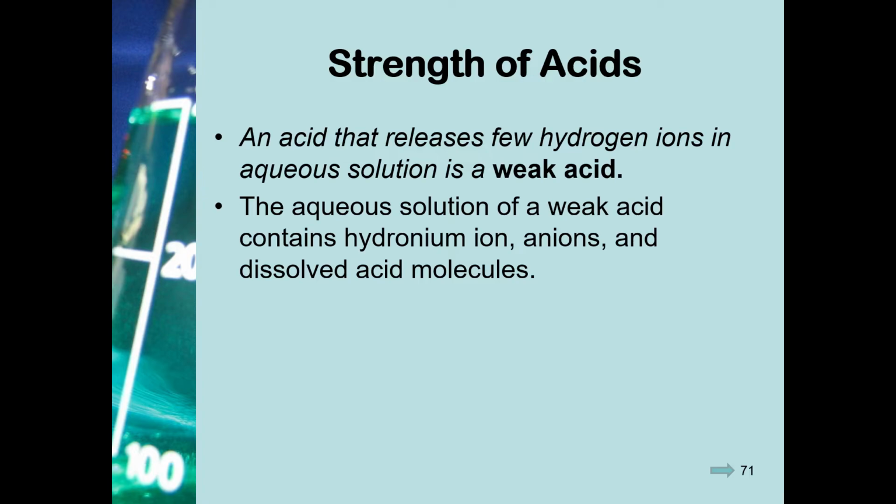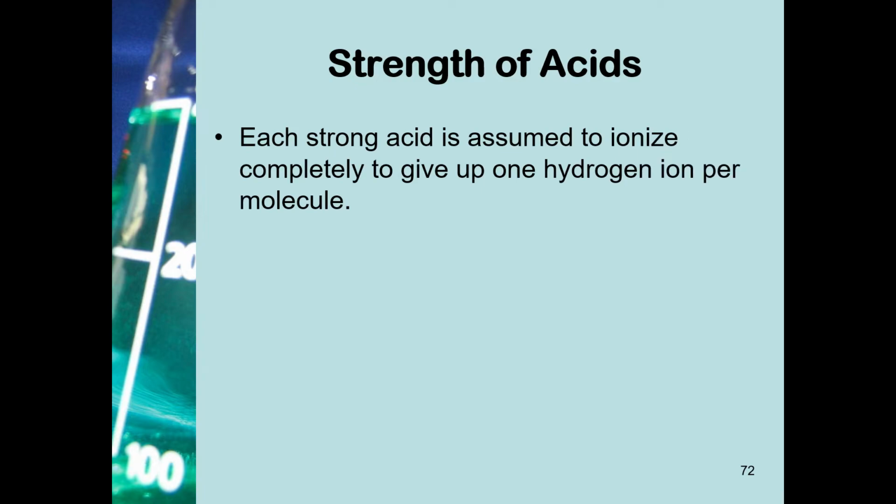They're dissolved, but they're not broken apart into ions. Now, each strong acid is assumed to be completely ionized and to give up one hydrogen ion per molecule. We're assuming that to be true when it is a strong acid.